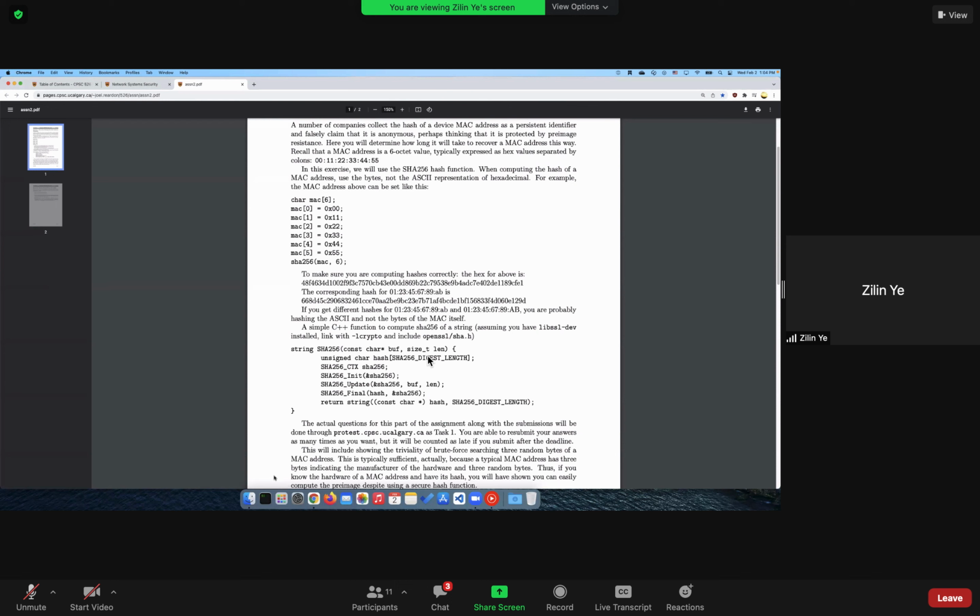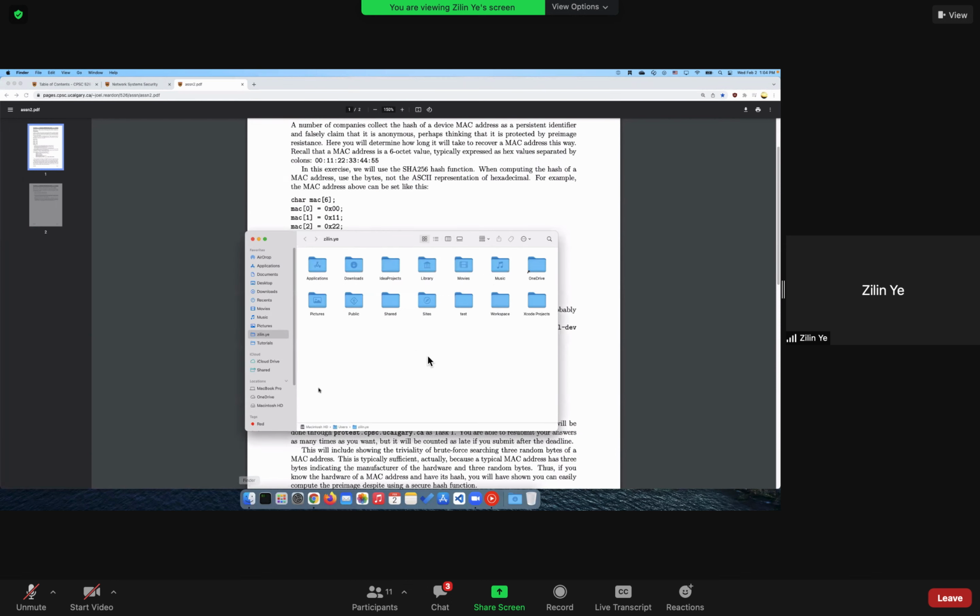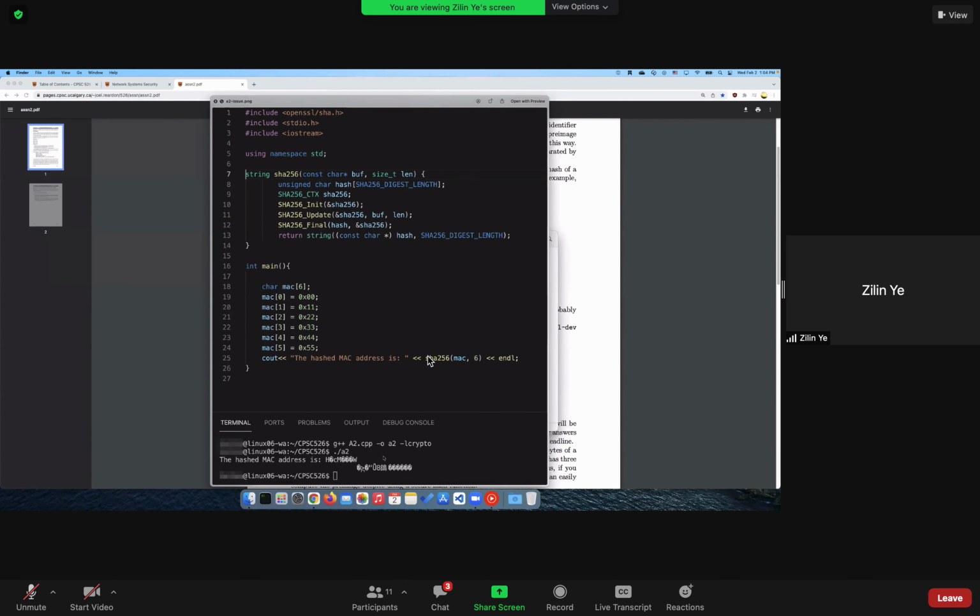But if you do that, you will probably end up with something that looks like this, those garbage values. Here, the student is reusing the same function and following the same procedure posted on the handout, but the computed hash looks like this.